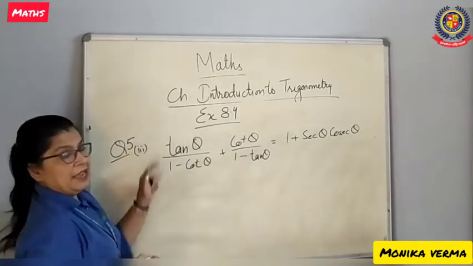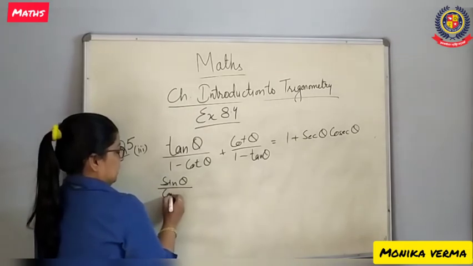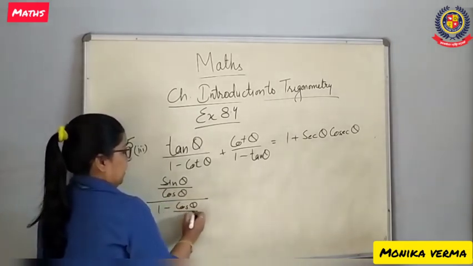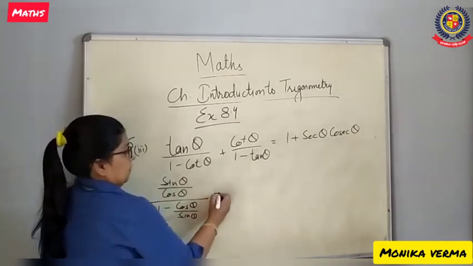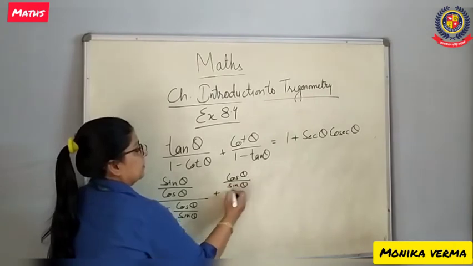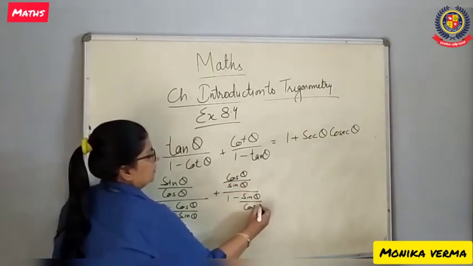Now we will change tan and cot into sin and cos. Sin theta by cos theta upon 1 minus cos theta by sin theta, plus cos theta by sin theta upon 1 minus sin theta by cos theta.